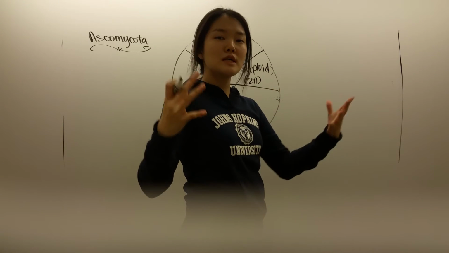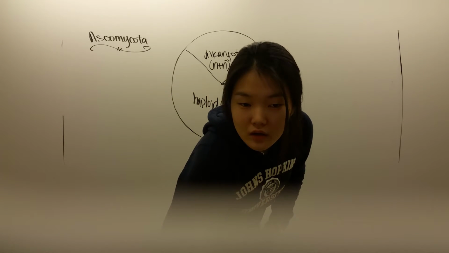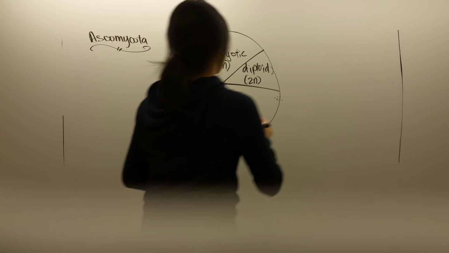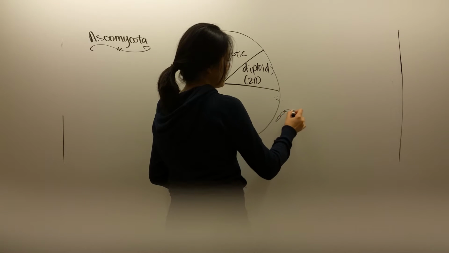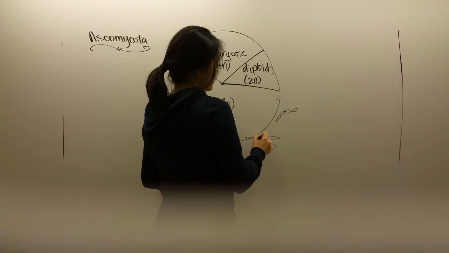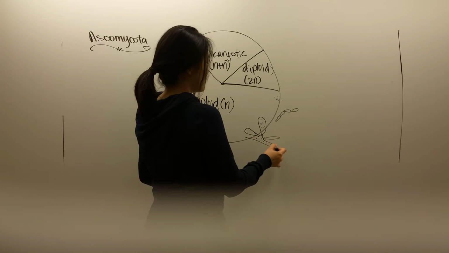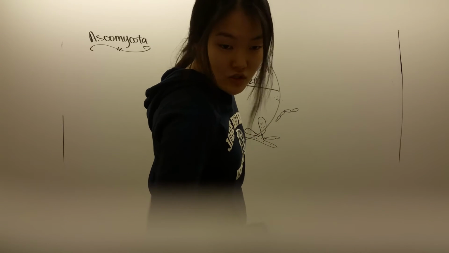They become multicellular haploid structures, so you get hyphae. They add on and get bigger. And then you have a bulb on top that's like a mating structure.